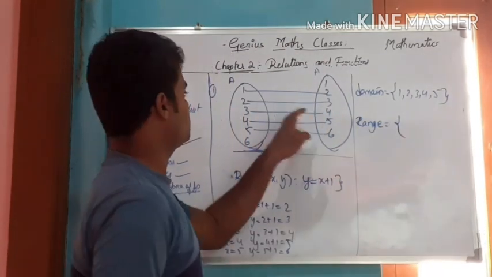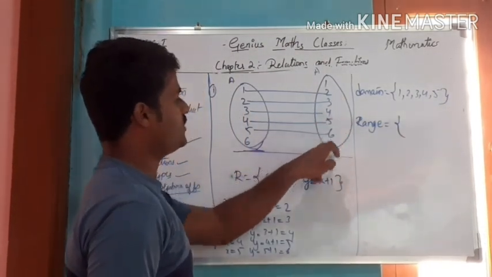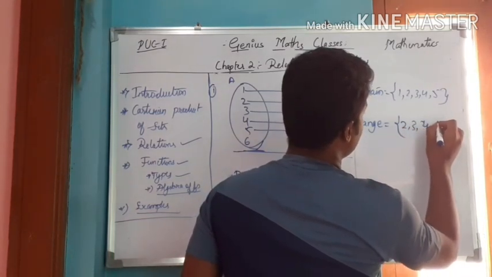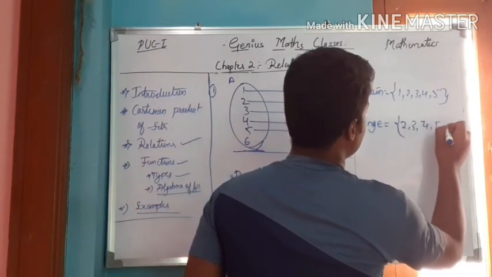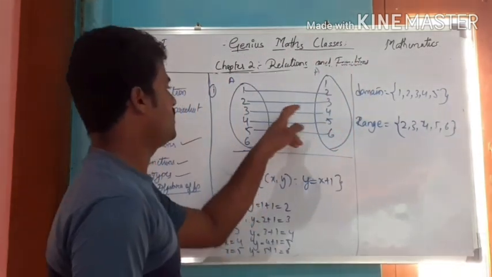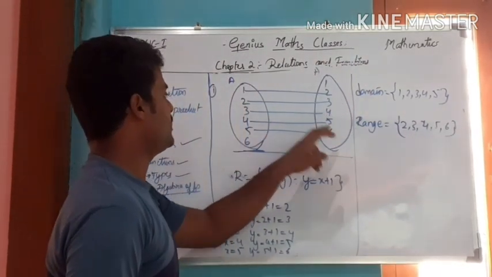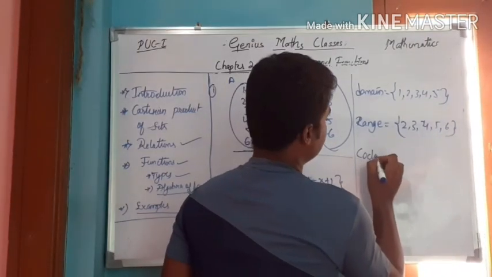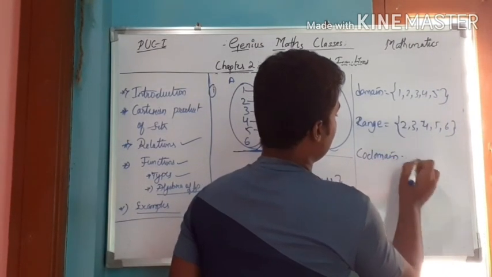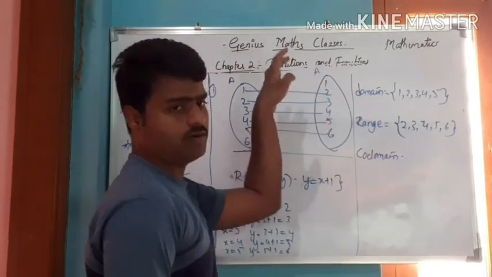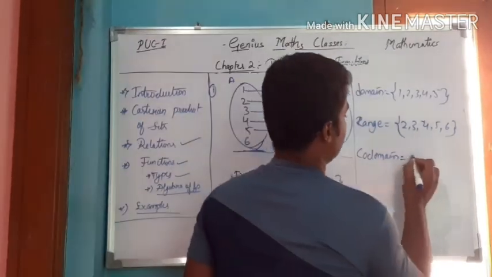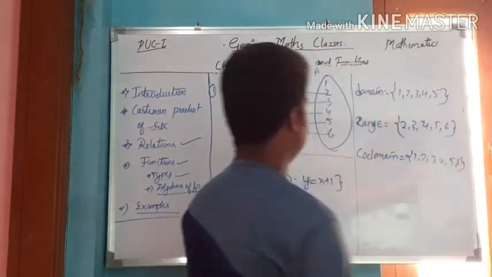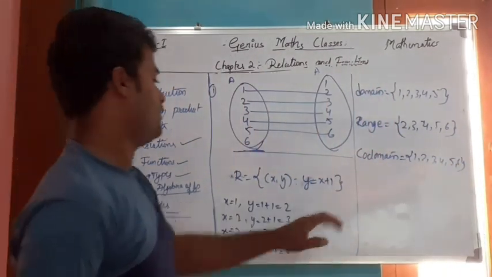Therefore 2, 3, 4, 5, 6 are the images of 1, 2, 3, 4, 5. Therefore this is the range. And codomain is the whole set A, that is {1, 2, 3, 4, 5, 6}. So this is about the first example.